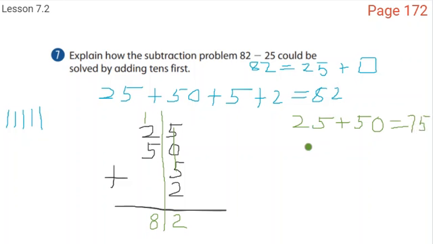Look at that. Then I have 75 plus 5 equals, what do we get? So 75, we can count on 76, 77, 78, 79, 80. There's 80.